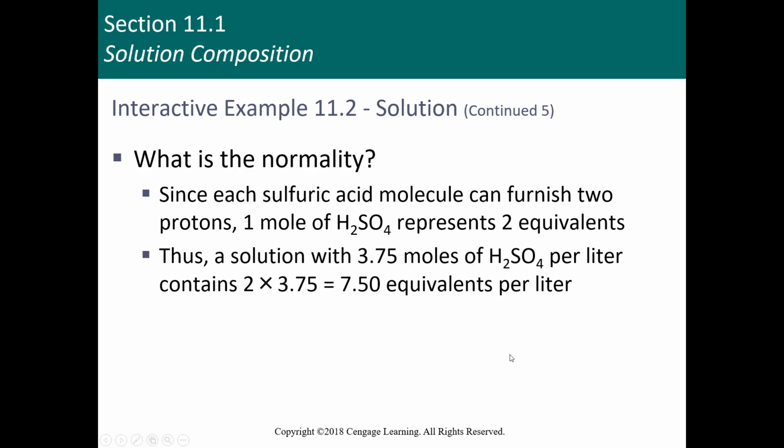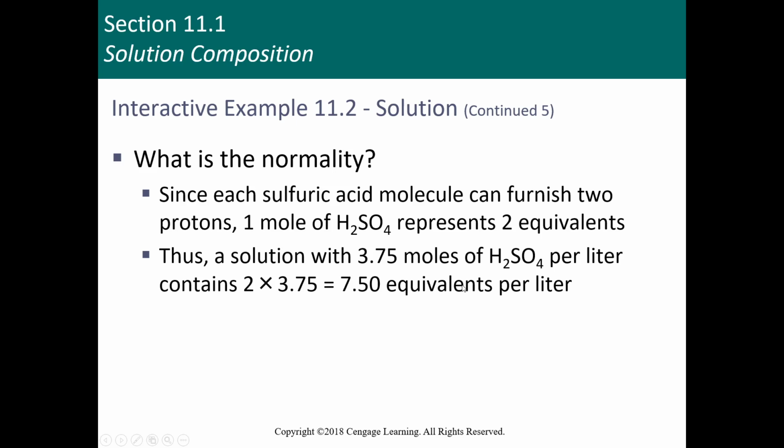And so a solution with 3.75 moles of the H2SO4 would give you 2 times that number of equivalents in a liter. Again, remember this is the moles that were for 1 liter. 2 times that number would give you 7.5 equivalents in a liter. Notice that we don't need to indicate the acid H2SO4 anymore because we have equivalents.